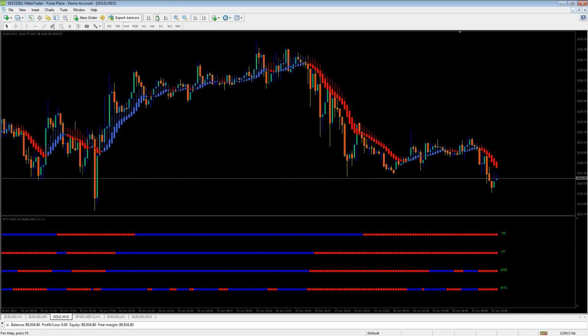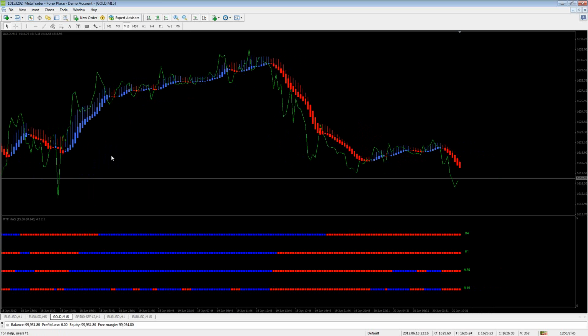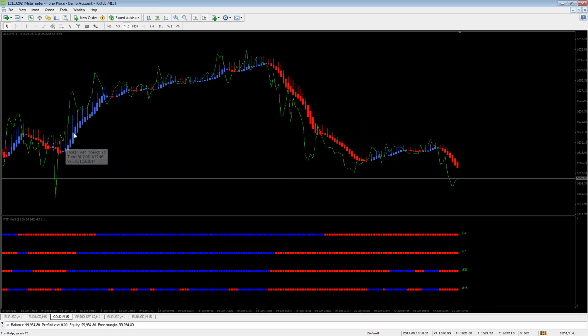So the Heikin Ashi candles give us the trend and the momentum. The color gives us the direction, along with the direction of the candles themselves, and they give us support and resistance too. So you can see here, when the trend is strong, how the price, this is the close price, found resistance around the Heikin Ashi candles.